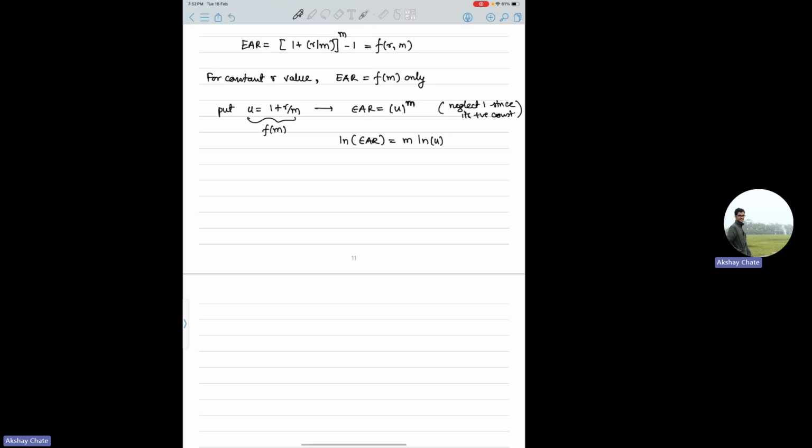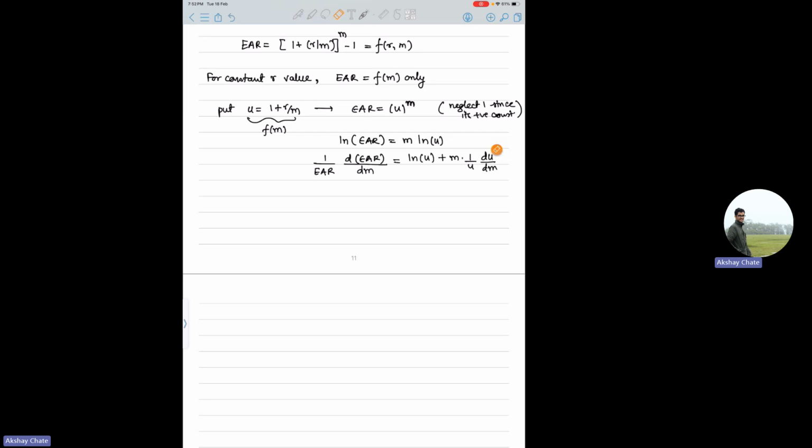So this will be 1 by EAR times the differentiation of EAR with respect to m. This side it will be like this, and here ln u will be there because we differentiate m once, and then you'll have 1 by u du by dm.